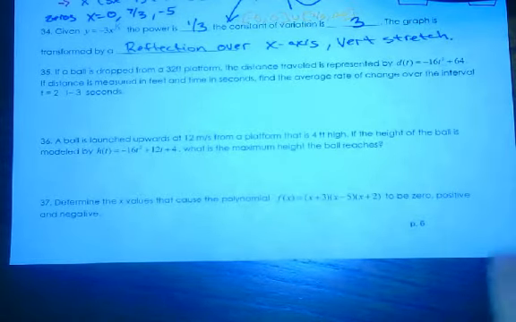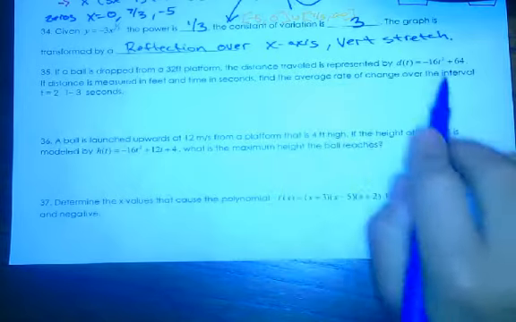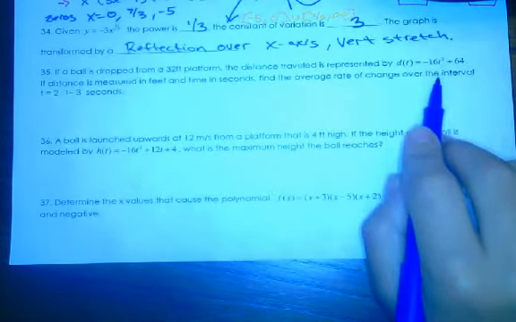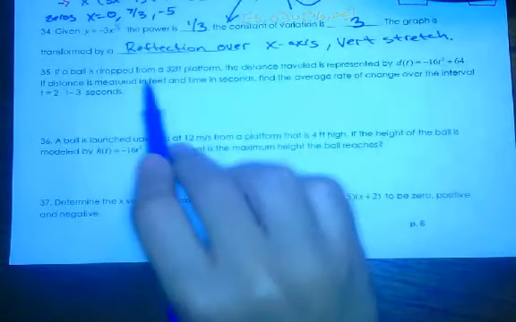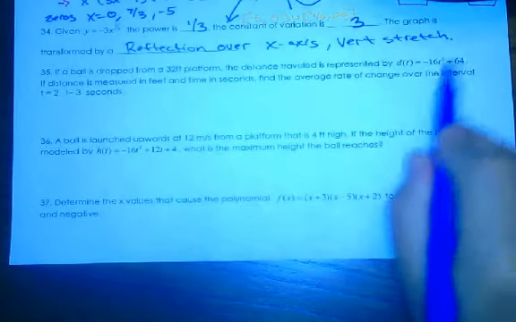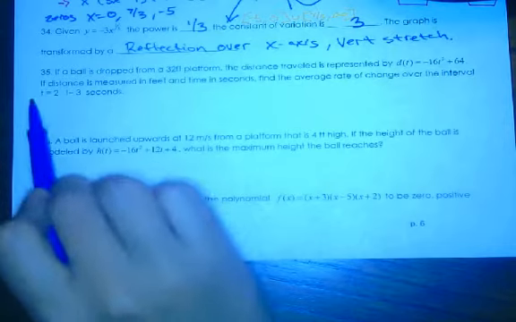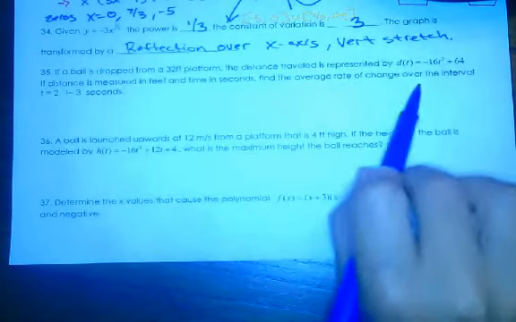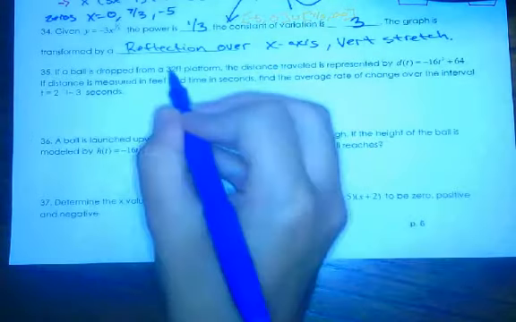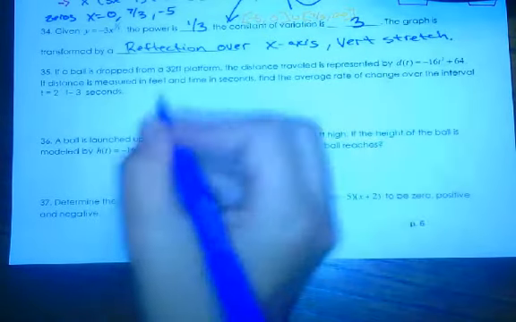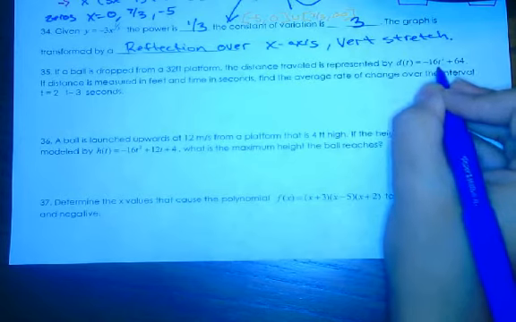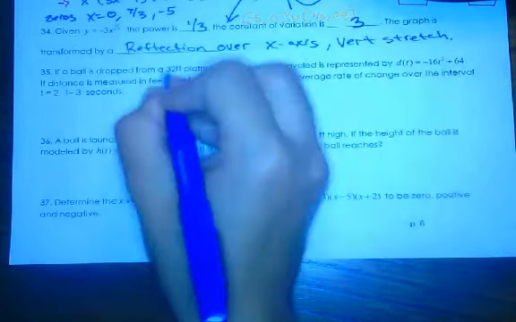All right, if a ball is dropped from a 32-foot platform and it's given by this, I think that might be a typo. I think that's supposed to be a different level of platform, because this would be a 64-foot platform. If the distance is measured, find the average rate of change over the interval. Okay, yeah, this should be a 64 if it's not already changed on your paper. Because if you plugged in 0, then you'd get 64, not 32.